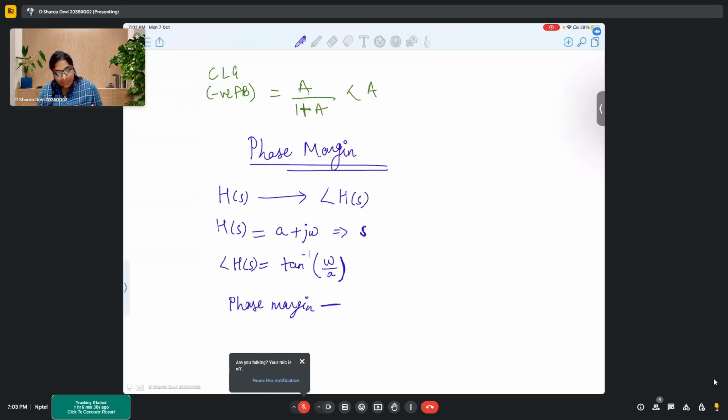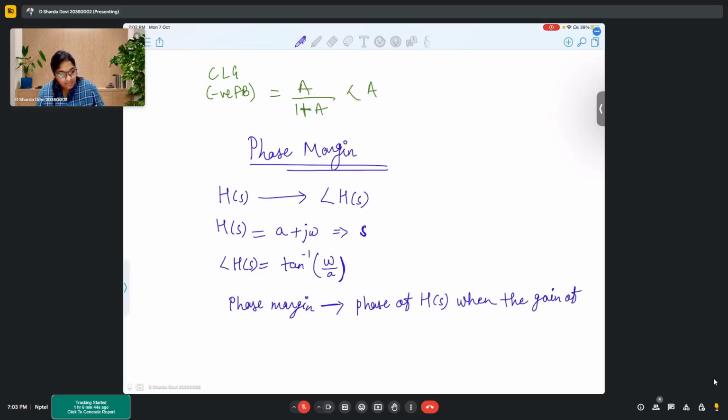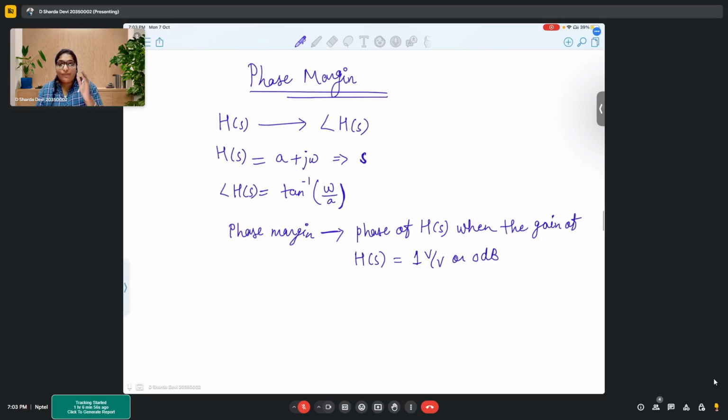We see the phase of the transfer function when the gain of the transfer function is 1 volt by volt, or 0 dB. So we look into the phase when your Bode plot crosses the 0 dB line.